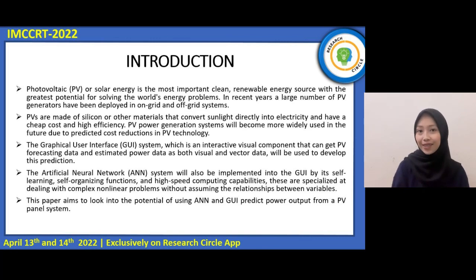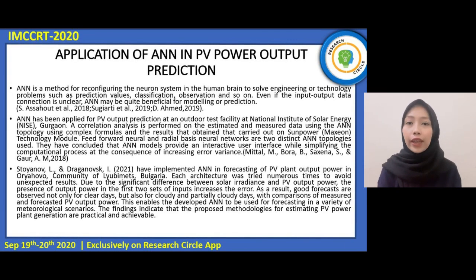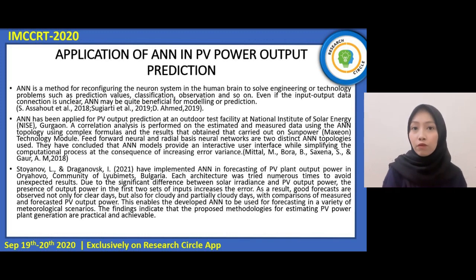PV panel system. For the application of ANN in PV power output prediction, ANN is a method for reconfiguring the network system in the human brain to solve engineering or technology problems such as prediction values, classification, observation, and so on. Even if the input-output data connection is unclear, ANN may be quite beneficial for modeling or prediction.